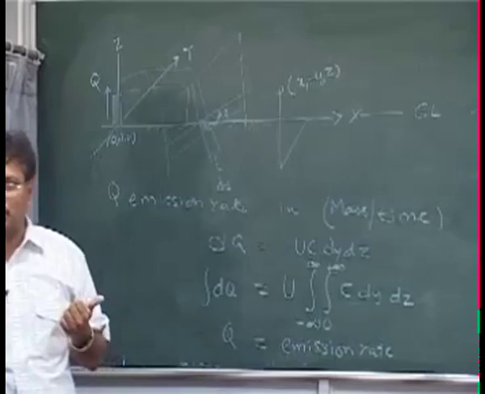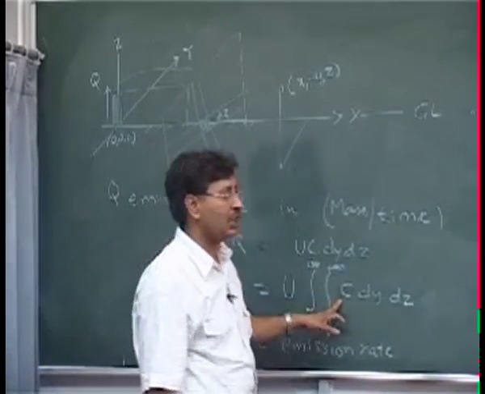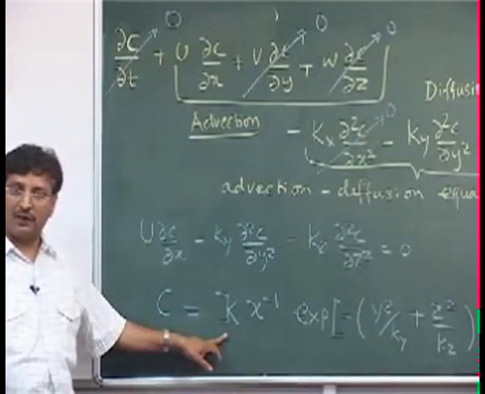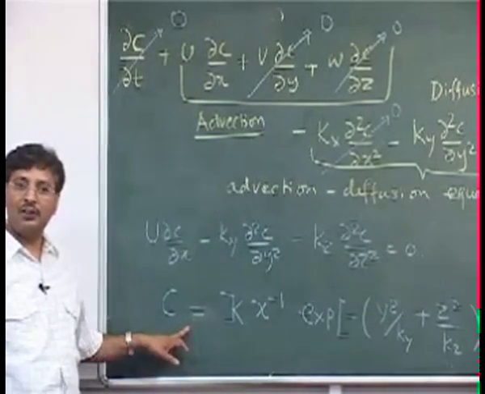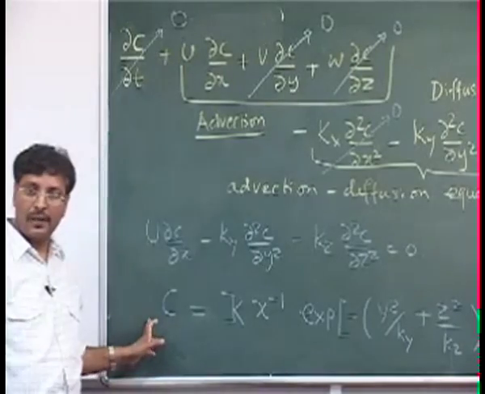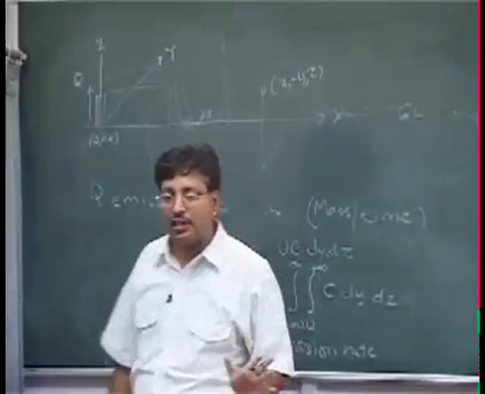So Q is known to me, and in place of this C, I can put this expression. This is my C. Integrate this one, find the value of K in terms of Q. Does everyone see what I am doing?